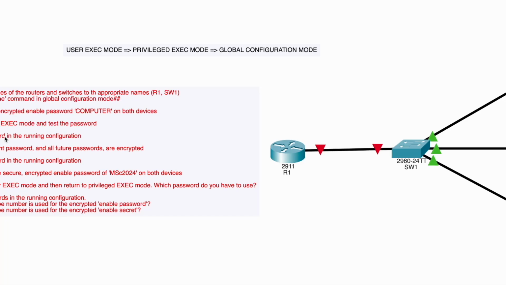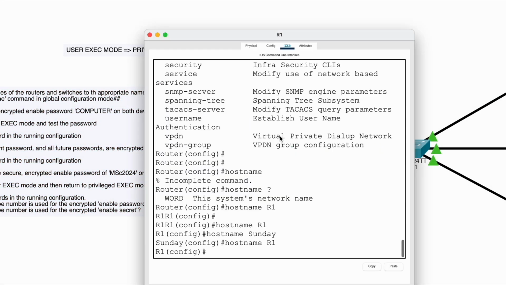That is why you need to know how to navigate your way from user exec to privilege mode, down to the global configuration mode. Now let's configure the unencrypted password.